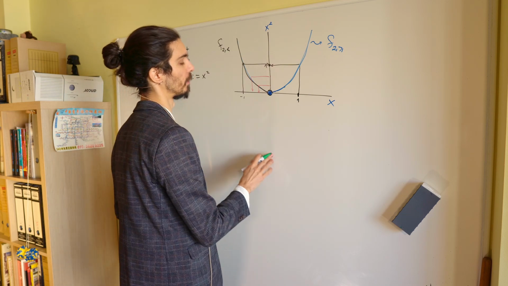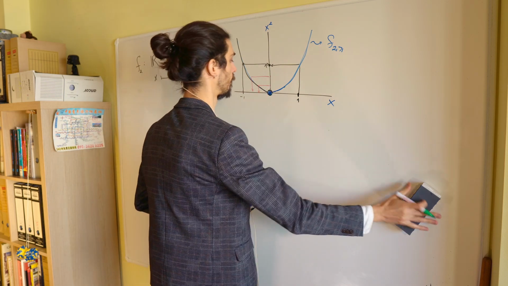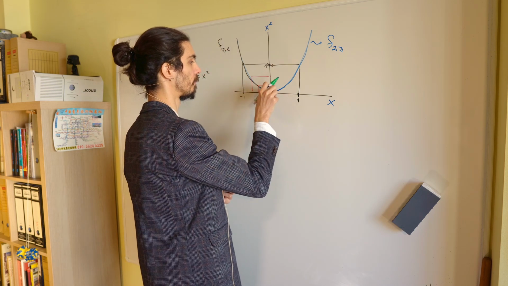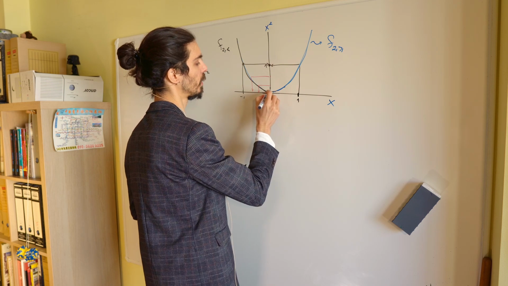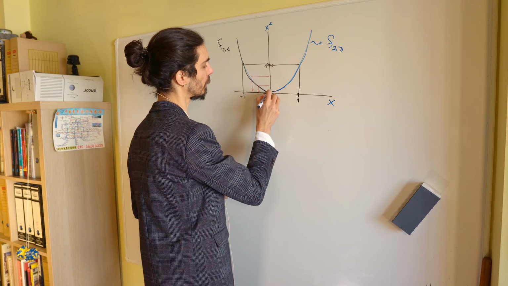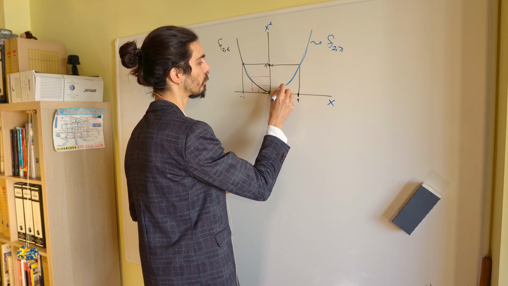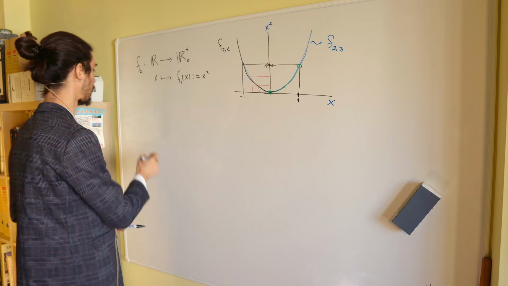We could, for example, choose the following restriction: to include all the numbers from 0 up to 1 open. So this is a restriction of our function.